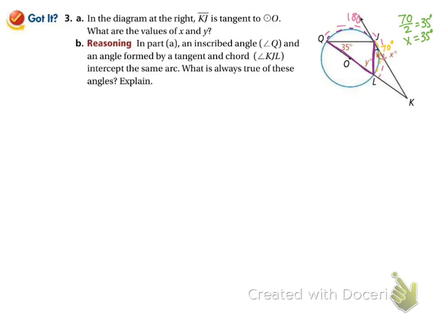So the whole thing is 180, if I take away the yellow part, then I get the purple part. So 180 minus 70 is 110. So that purple arc over here is 110. So the arc that goes with angle y is 110. If I do 110 divided by 2, I get 55 degrees. So y is 55 degrees.